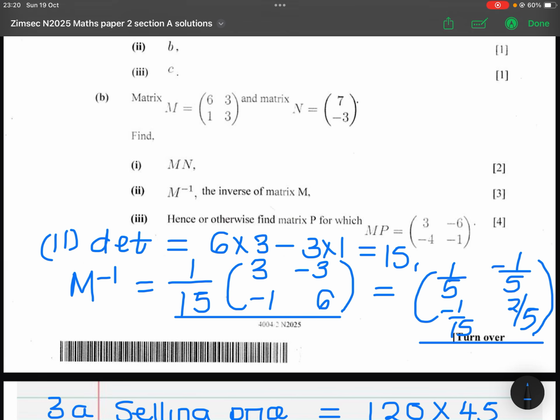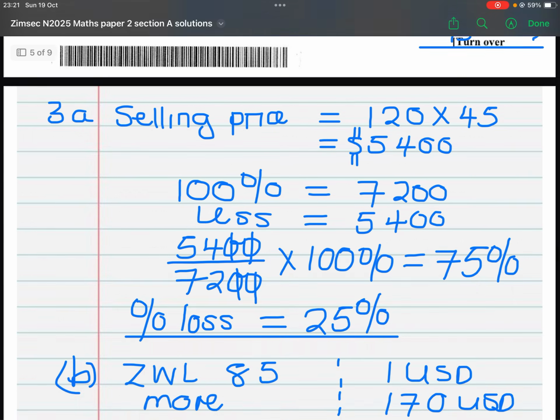Because if we divide both sides by M, it is known as the inverse of M. So we are going to use the results that we obtained in B part 2 in order to find the matrix P. So let us work it out.